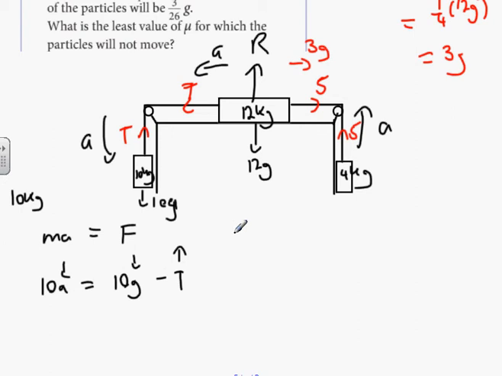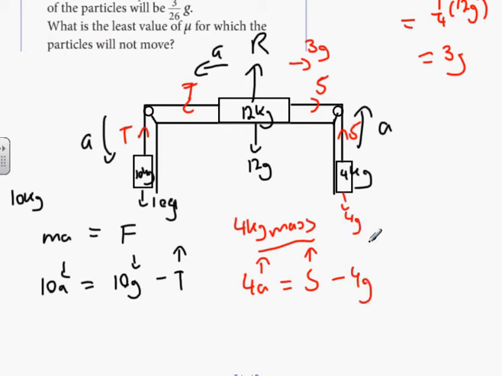What about your 4 kilogram mass? Any takers? 4a in which direction? Up, equals S going up minus 4g going downwards. Okay. 12 kilogram mass.